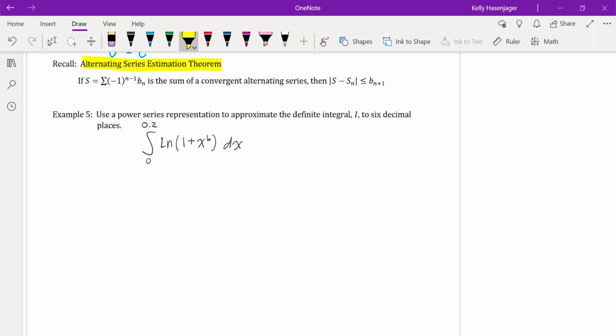Okay, so we'll go to example 5 now, and it says use a power series representation to approximate the definite integral to 6 decimal places.